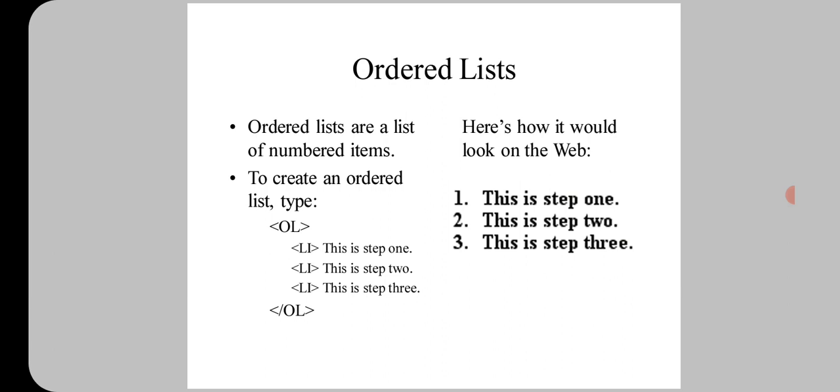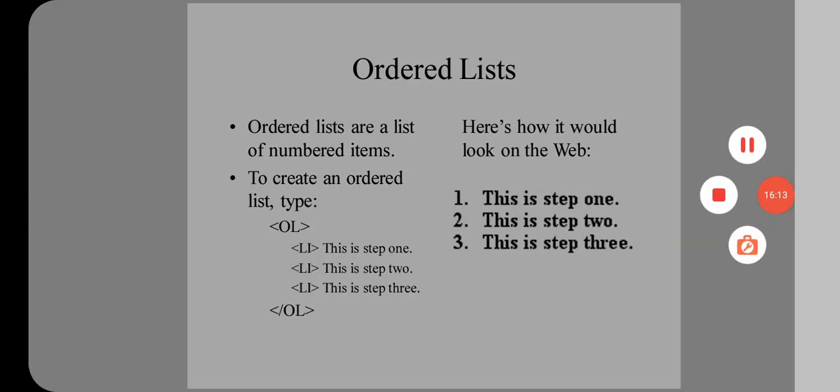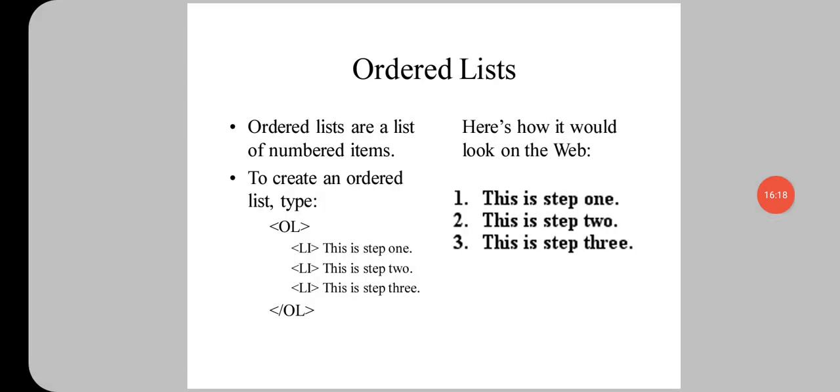Basically, lists are of two types. The first one is called an ordered list and the second one is called an unordered list. In an ordered list, the data items or the list of items are displayed in a sequence like 1, 2, 3, 4, or A, B, C, or Roman numerals.